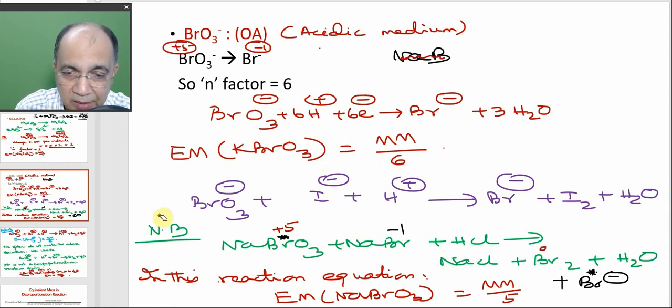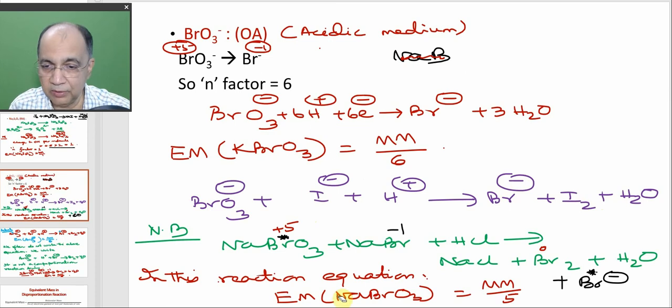But if you are given an equation like this, where bromide, which is formed, is not shown here, simply the other reductant is not bromide ion. I will give you that equation later.